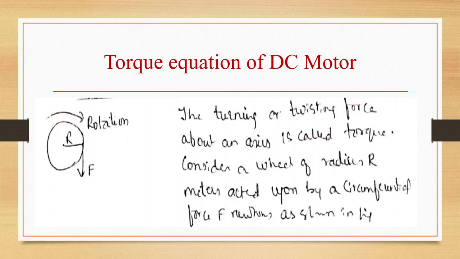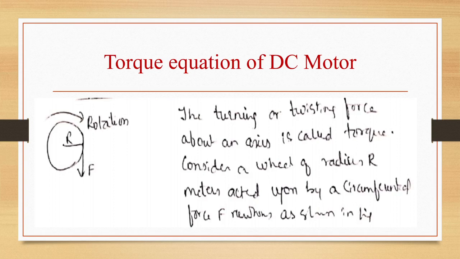What is the torque equation of a DC motor? What is torque? Torque is nothing but the turning or twisting force about an axis. One more definition of torque is force into the radius at which the force acts. So what is happening in case of a DC motor?